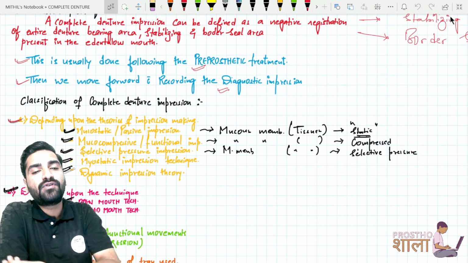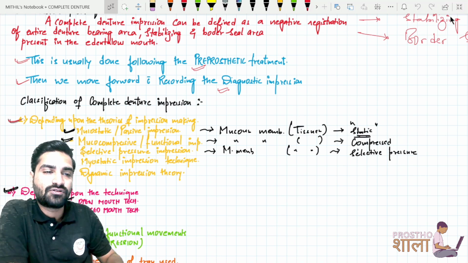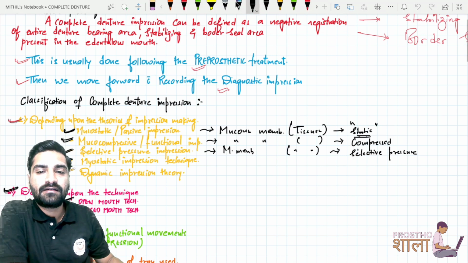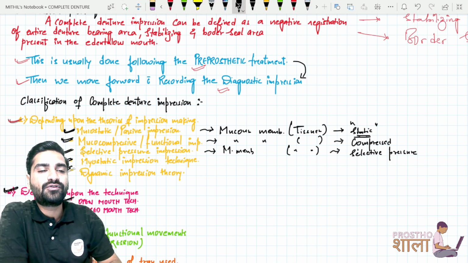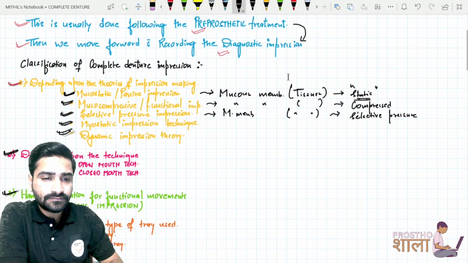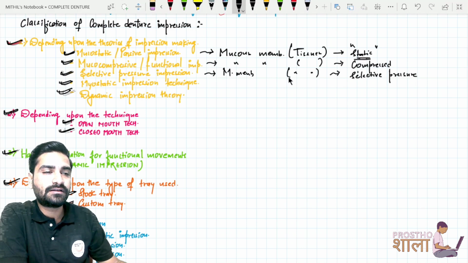Once our pre-prosthetic treatment is over, we move on to recording the diagnostic impression.